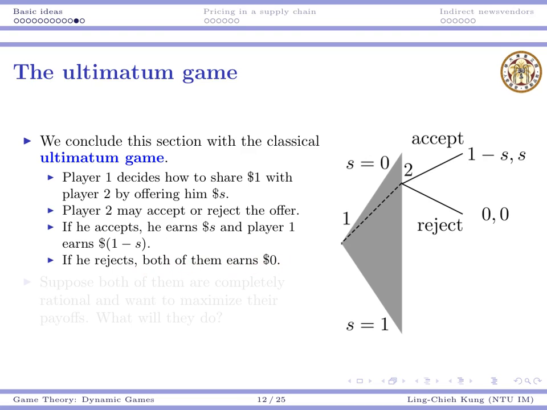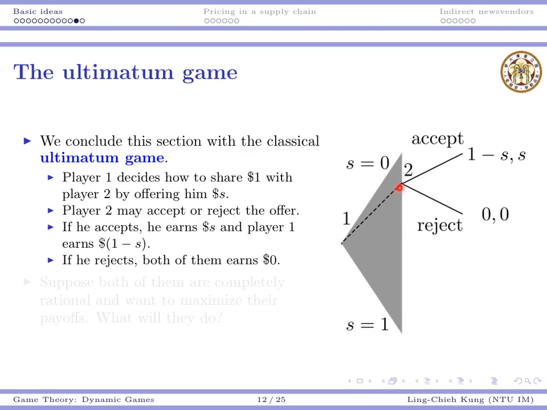We can describe this game with a game tree. It's still a game tree, it's just that for player 1 there are infinitely many actions, so you cannot just draw several branches. Player 1's part of the tree is actually a triangle because there are infinitely many options. The two extreme cases are that S is either 0 or 1.